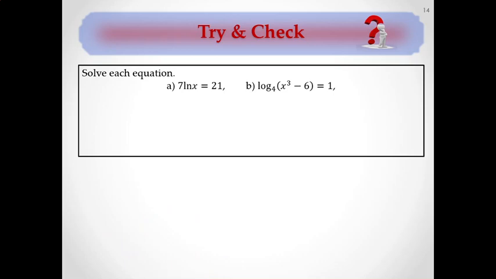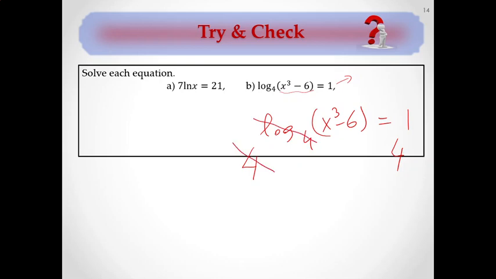Now look at here. How can I do this one? First you can say what number the base should be. You can say it's 4, but I will use the way you like it. How can I get rid of log base 4? Raise them to the power of 4. Then log base 4 and 4 cancel out.